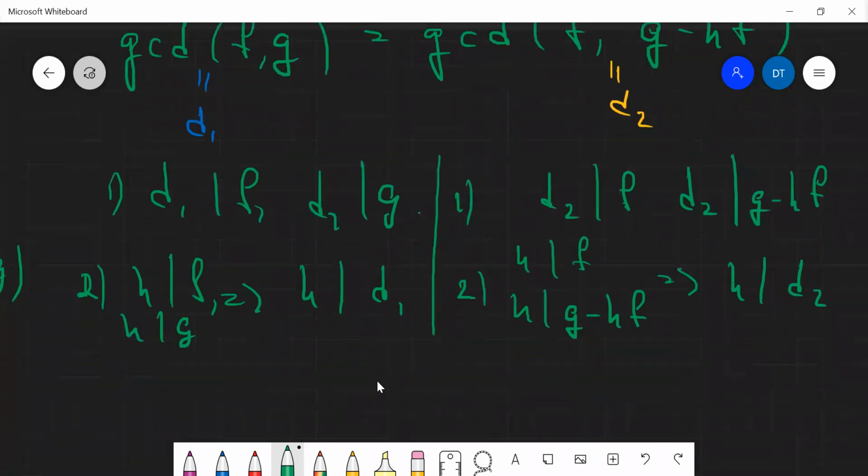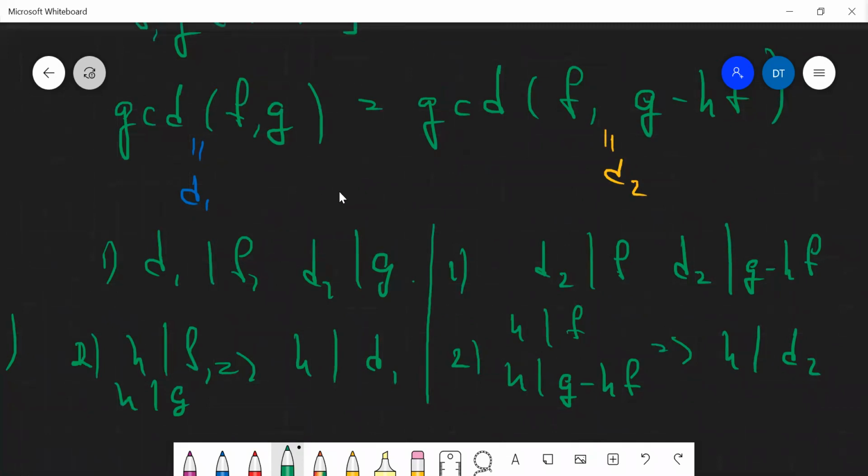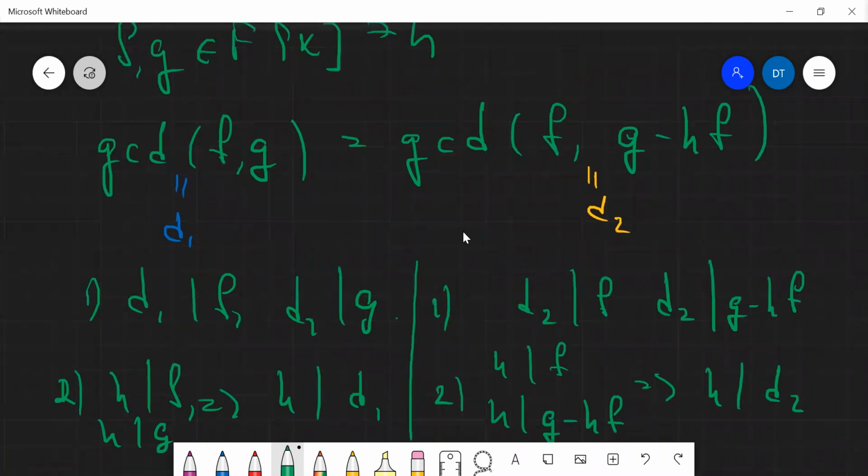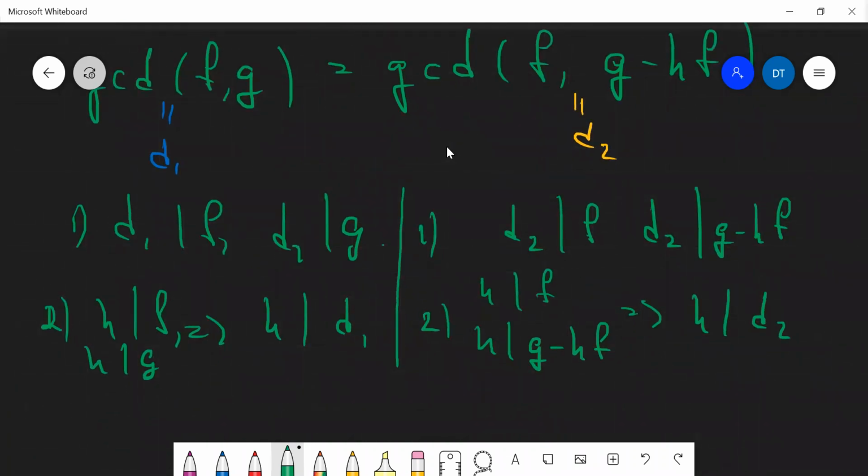Excuse me, just a small question. Is the h on the right side the same as the one on the left? I see. That's my mistake. Let me denote it by a different letter.